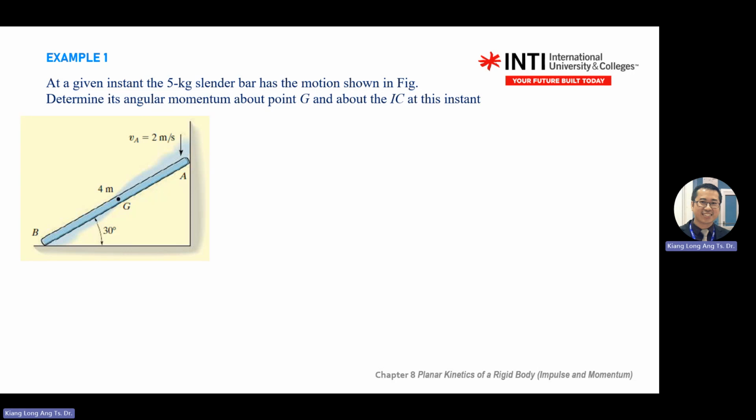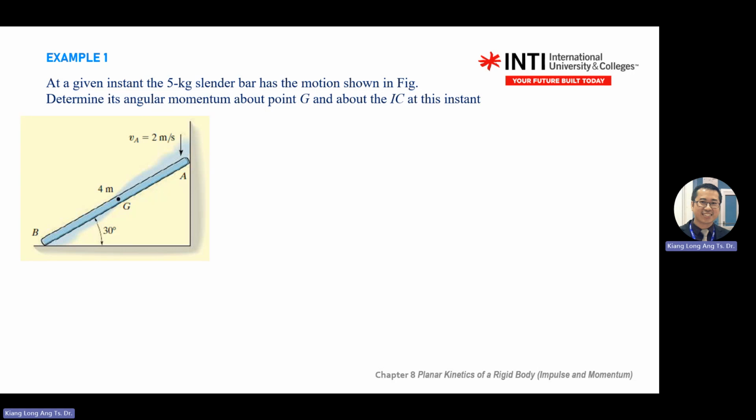So from here, you are more interested in applying H equal to dmv if there is a translation, I omega if there is a rotation. So given an instant, you're given a mass of that object. So determine the angular momentum about point G here. Means this one will rotate this way.